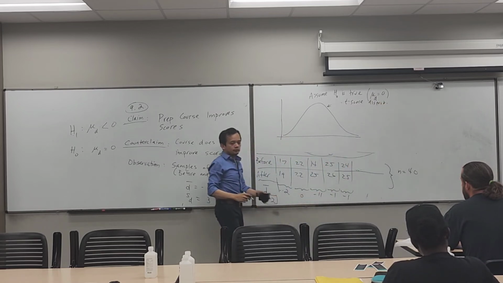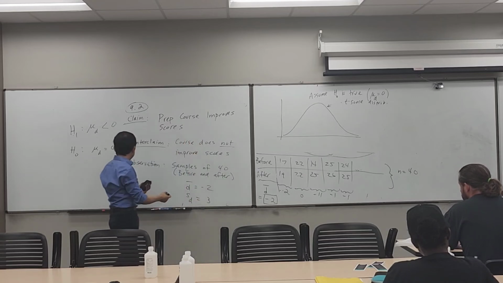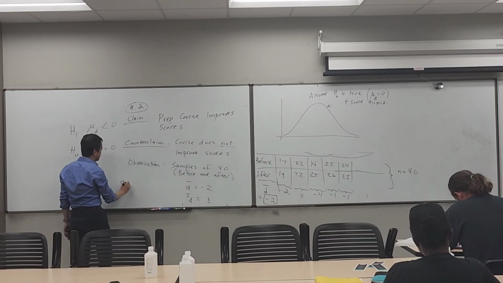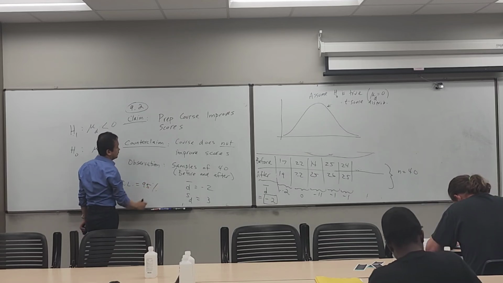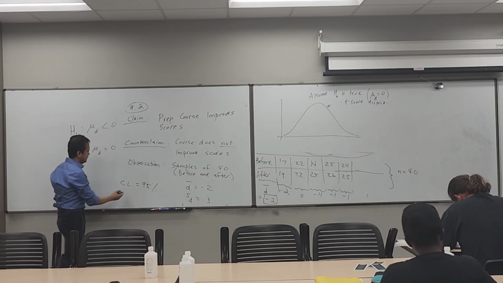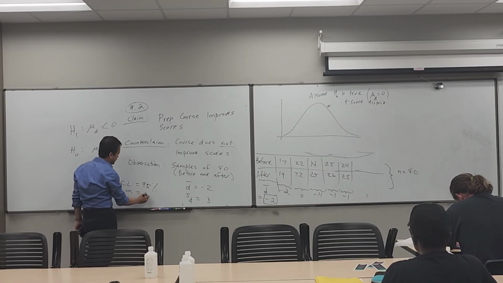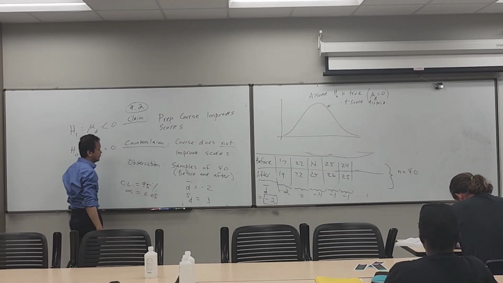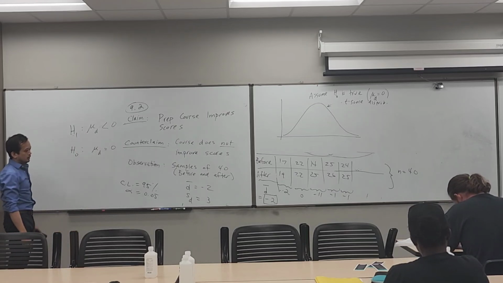That t-score distribution will have tails, so let's label where the tails are. The confidence level, let's say, is 95%. That means alpha is 0.05, the remaining 5%. Divided by 2 for two tails would be 0.025, but we're only looking for one tail, so we don't have to change anything.